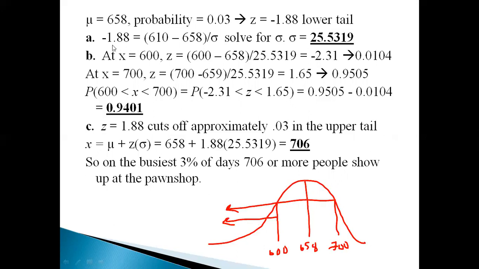So if we plug that all into our z equation, we can find sigma, because we were given 610 people, 658 was the mean, and negative 1.88 was the z-score from our percent. So if we solve this equation for sigma, we get 25.5319 for sigma.